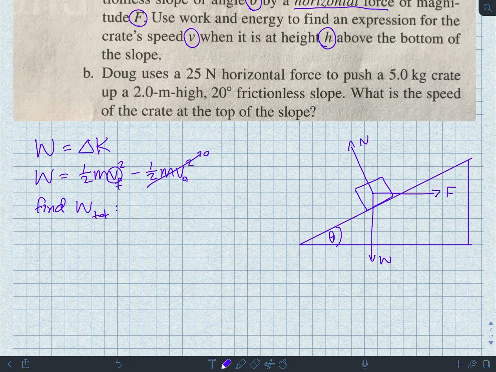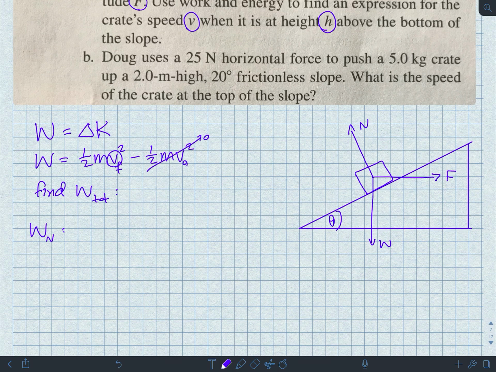Okay, so let's find the work done by the normal force. Okay, so remember when we draw our diagrams, we draw the force and then we draw the displacement. Yes? Okay, so the force is going to be up this way.